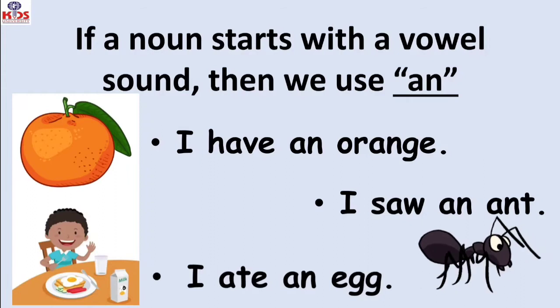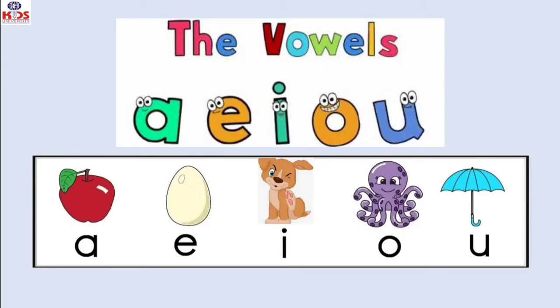But why have we used an over here? Because here each noun starts with a vowel sound. And I'm sure that you all know what vowels are. The letters A, E, I, O, U are the vowels.